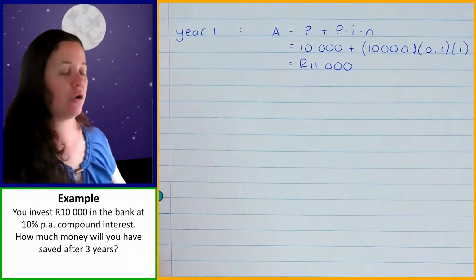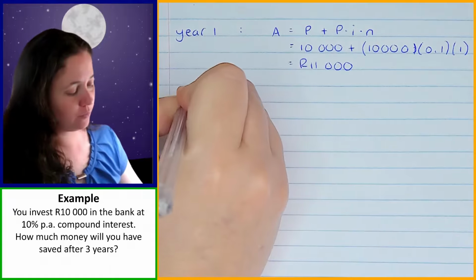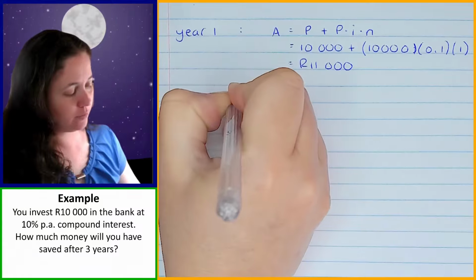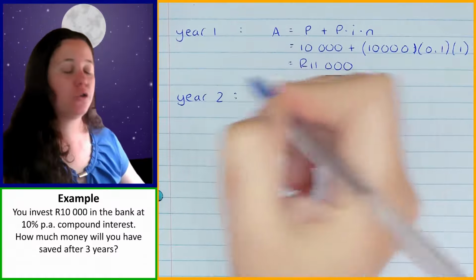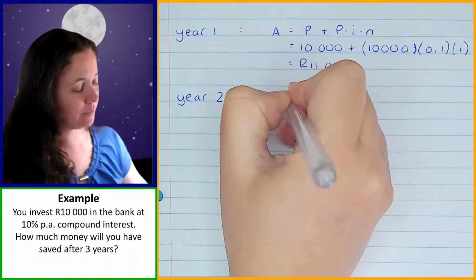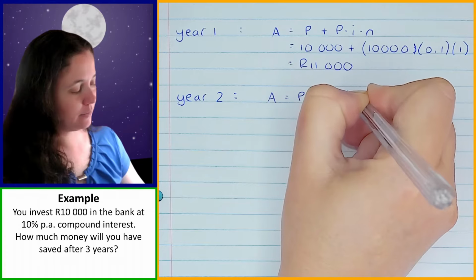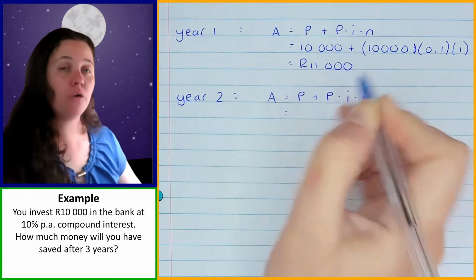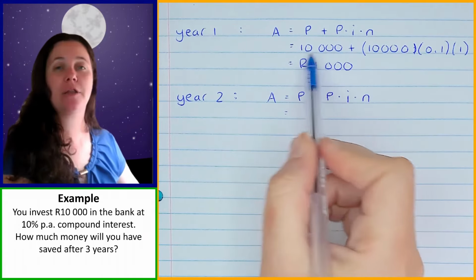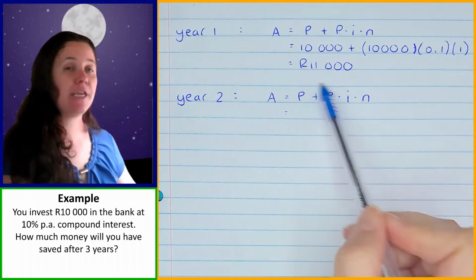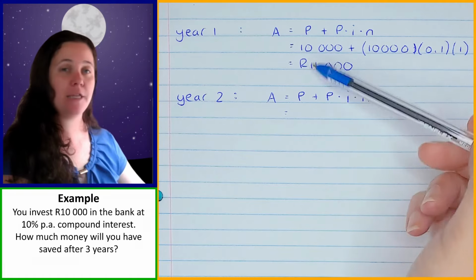Okay, so now we're going to work out year 2. For year 2, we're going to do exactly the same thing, but now the principal amount isn't going to be 10,000. It's going to be the 11,000 that we ended with at the end of year 1.